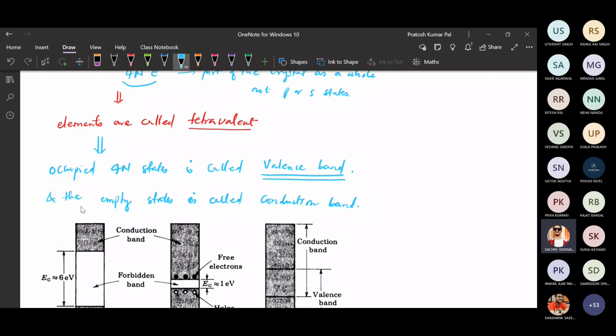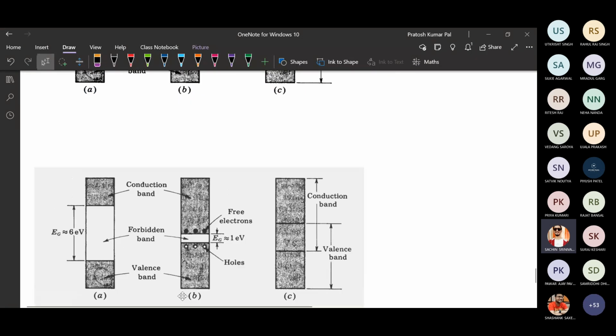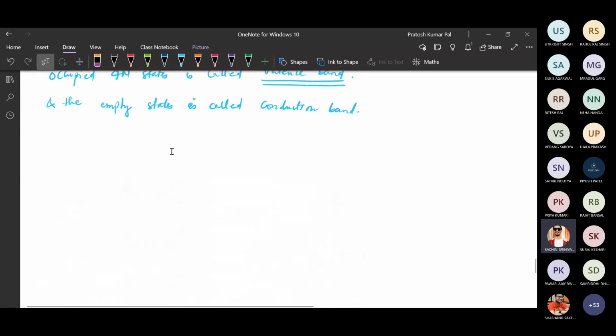We will see that. So here, case 4 we will see.